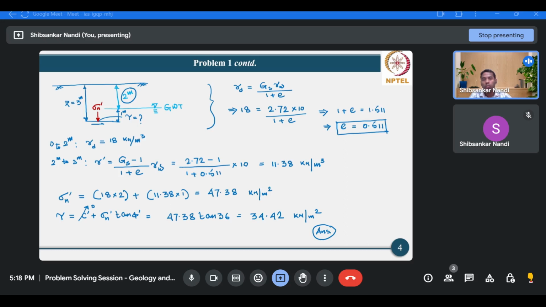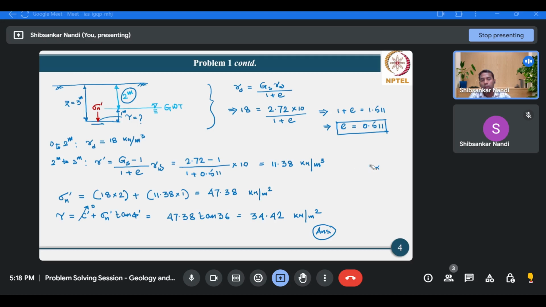However, if the plane was not horizontal, if it was at some angle alpha with the horizontal, then we have to consider only the normal stress, which is basically the stress acting perpendicular to that plane. Okay, so the normal stress value for that case will be different.